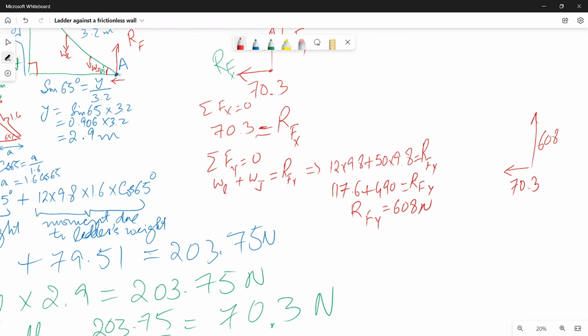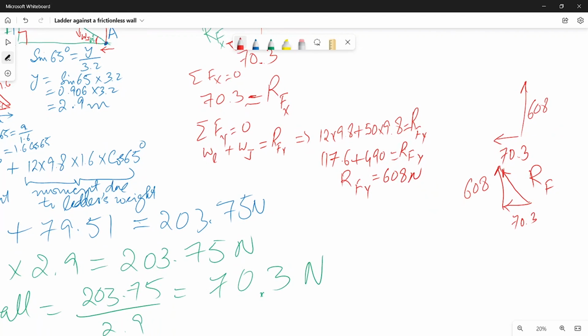If I make a vector, this is 70.3, this is 608, and this would be our resultant force, which I would say RF. This can be found by Pythagoras theorem. The reaction force is the square root of 70.3 squared plus 608 squared, and this comes out to be 612 Newton.